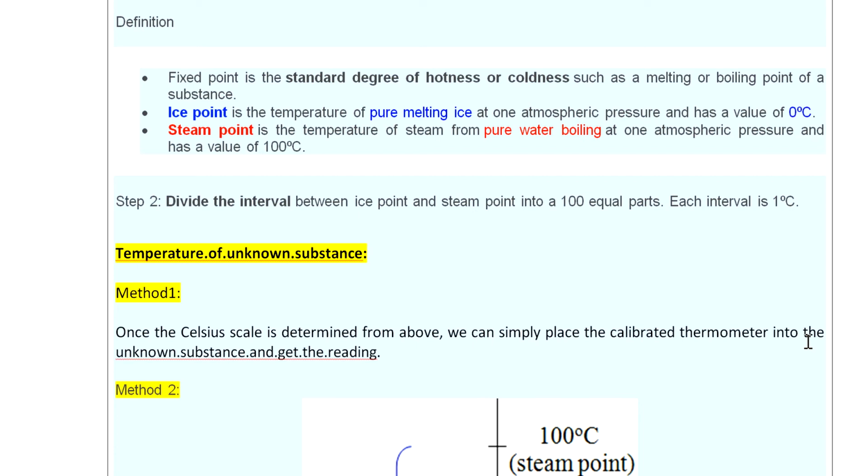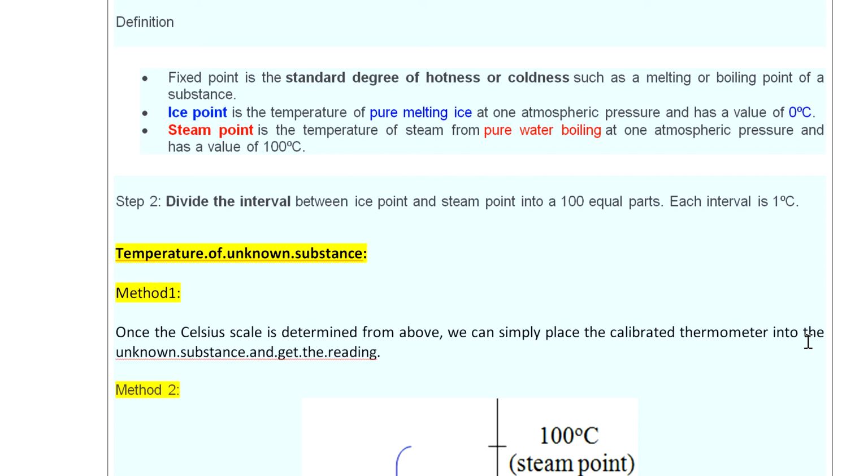Always remember that atmospheric pressure remains constant so that it does not fluctuate the values of 0 degrees Celsius and 100 degrees Celsius. All of you must write these definitions in your notebook so that you can answer the short questions and factual questions, and also solve the MCQs in the exam.